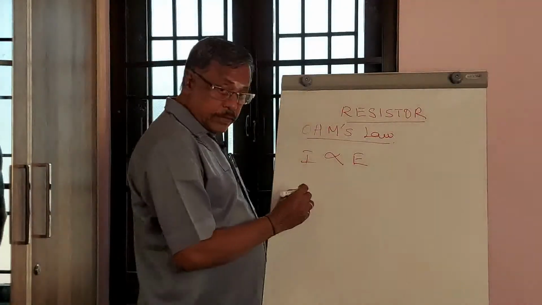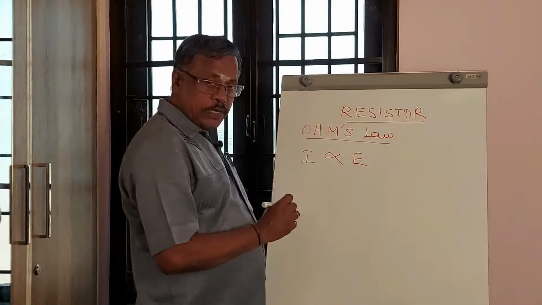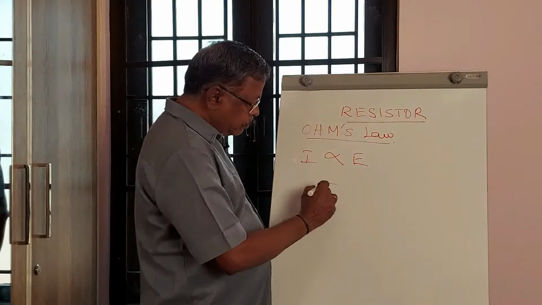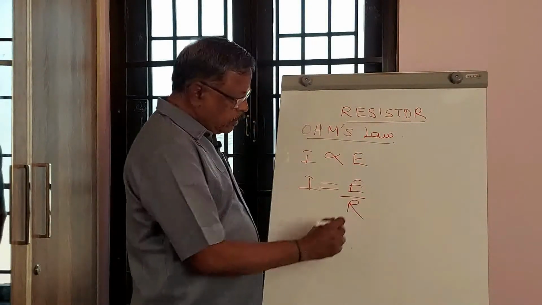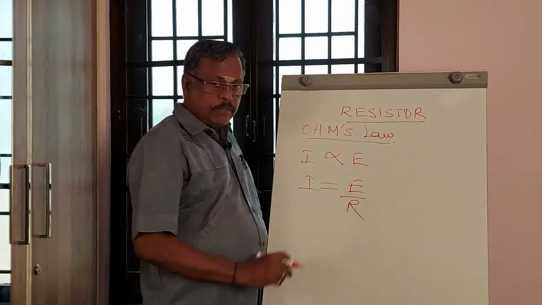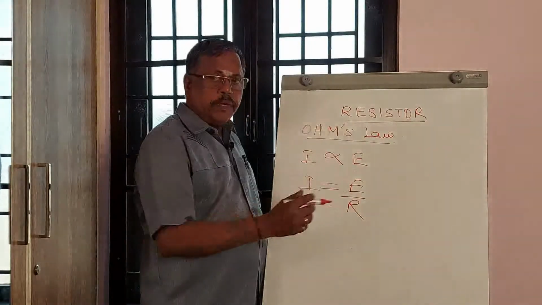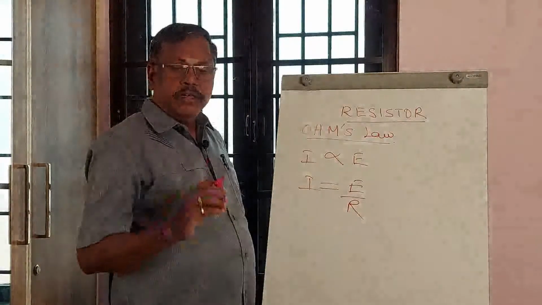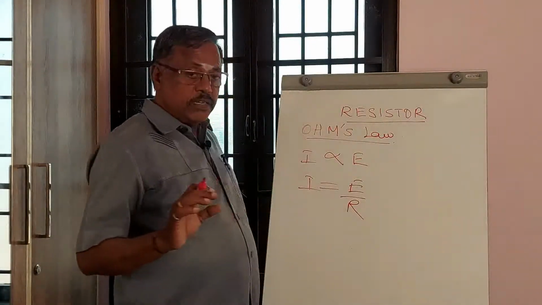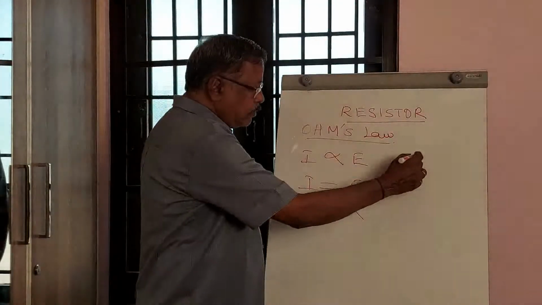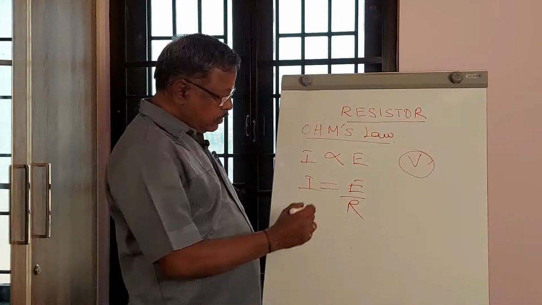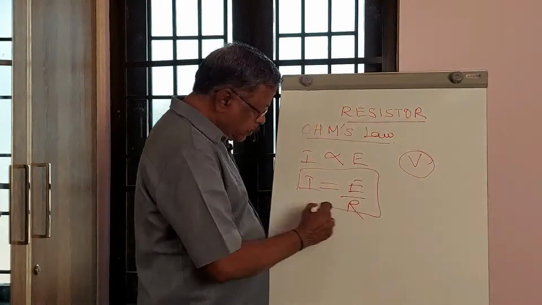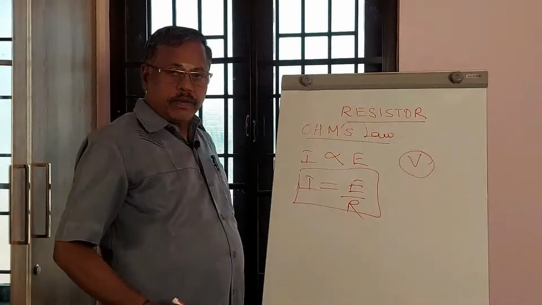To make it an equation, we use a proportionality constant: I is equal to E by R, where 1 by R is the proportionality constant. In electrical discussion, voltage is normally referred to as E, electromotive force. So Ohm's law states that I is equal to E by R.